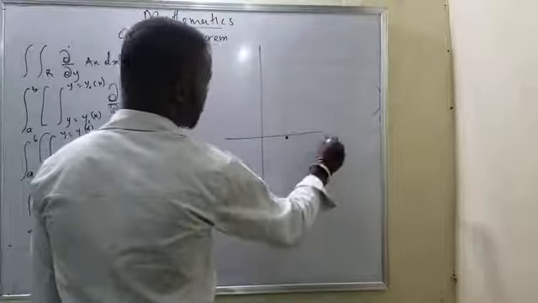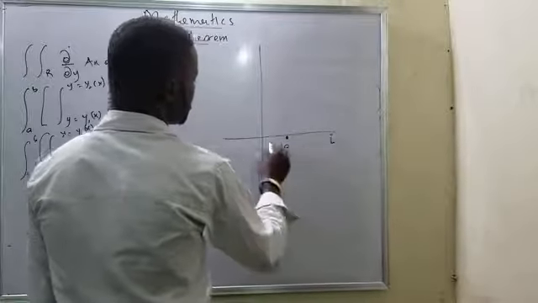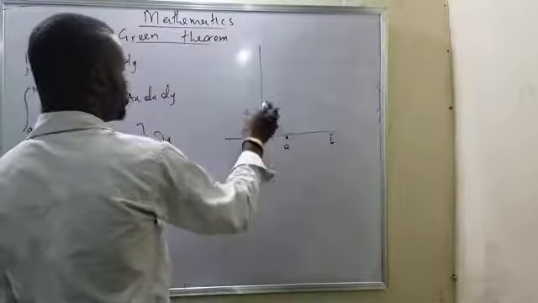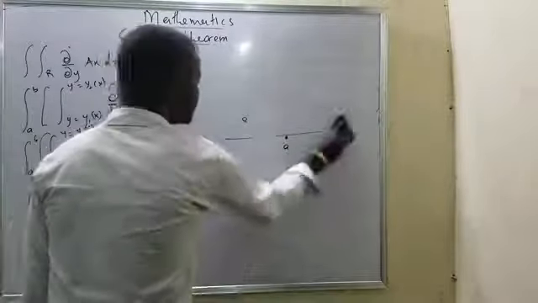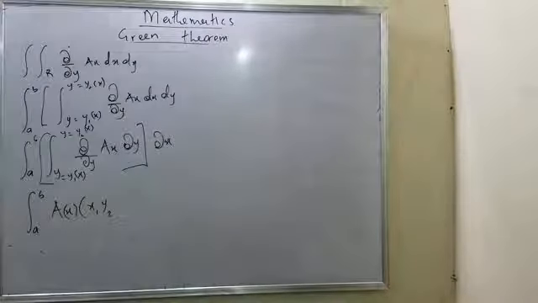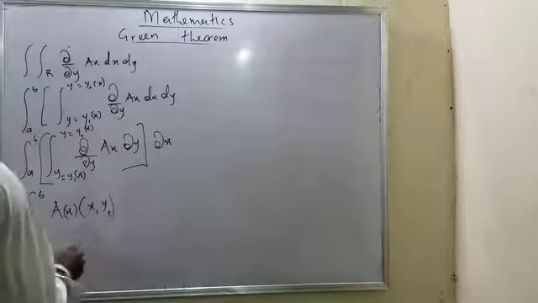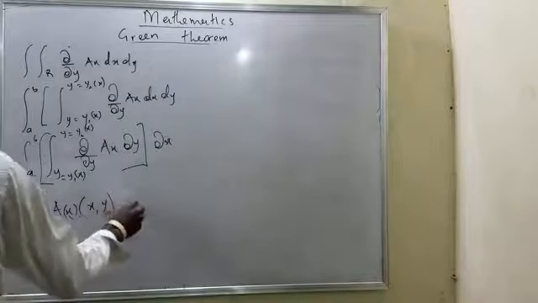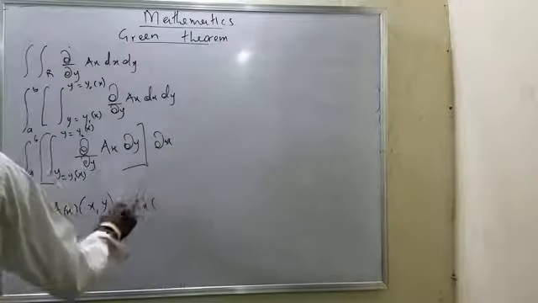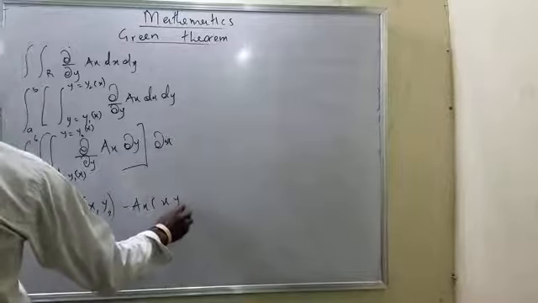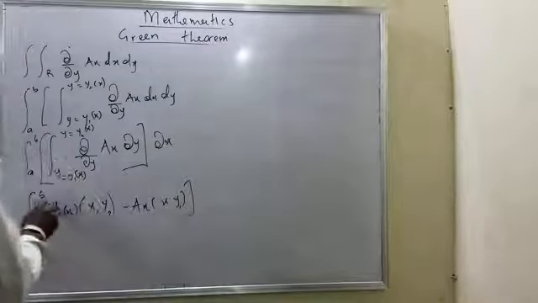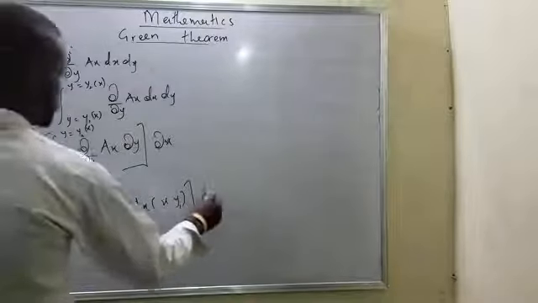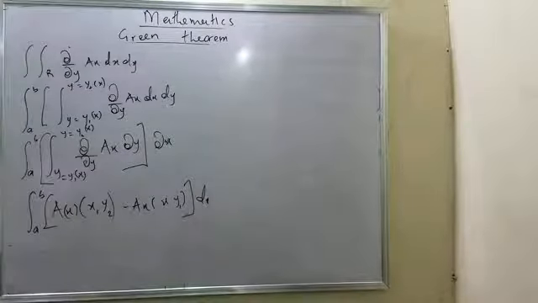We have done that earlier, with the Cartesian plane I drew before. Since I have that, I'll have this, minus A of x, y1, everything with respect to x.